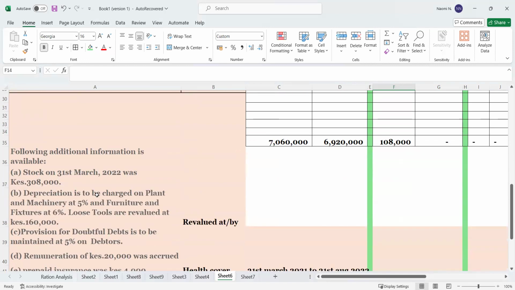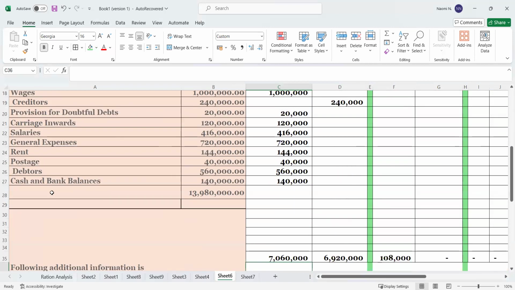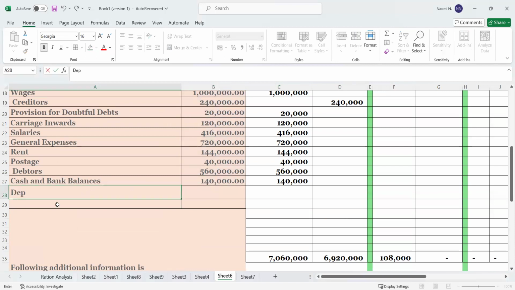So that is done. Then we have depreciation to be charged at 5% on plant and machinery. We'll start with plant. I'm pretty sure we do not have a depreciation account here, so we say depreciation on plant.